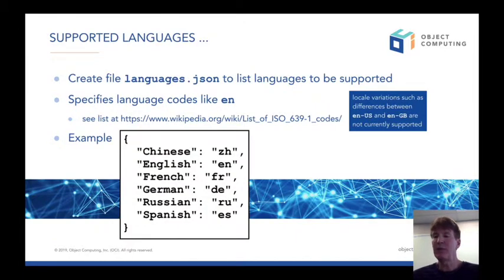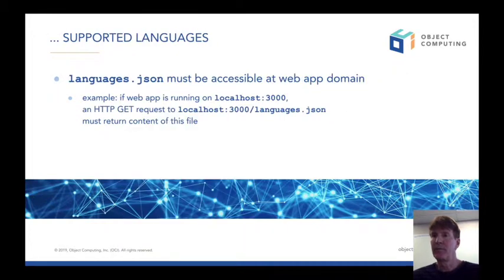The application must provide a list of the languages to be supported. This is done by creating the file languages.json with content similar to what is shown on the screen. One place to obtain language codes is the Wikipedia link shown on the screen. The file languages.json must be accessible through an HTTP GET request at the domain of the web application.